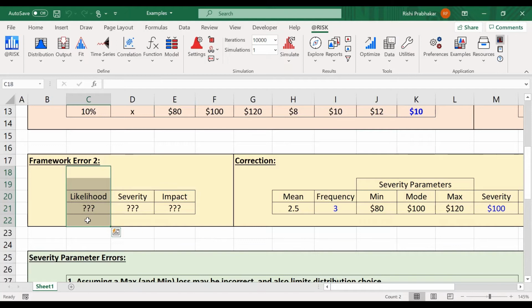The answer is 100%. It's guaranteed to happen. But that doesn't help me model. That doesn't help me model anything. So instead, what I need to do is to say, what would help me create a model that produces reasonable results of what I am actually exposed to?